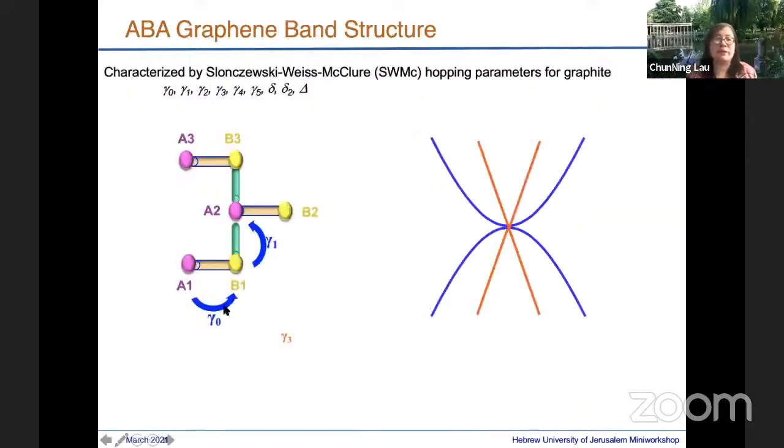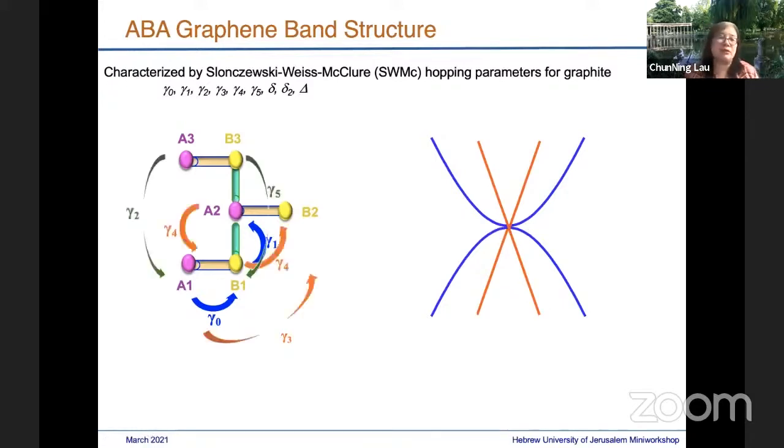Now if we look at the band structure, if we only include the nearest interlayer and intralayer hopping parameters, gamma 0 and gamma 1, what we have is the coexistence of a monolayer-like band with linear dispersion, the red curve here, and the bilayer-like band, the blue curve here, which is quadratic and has even parity under the mirror reflection operation.